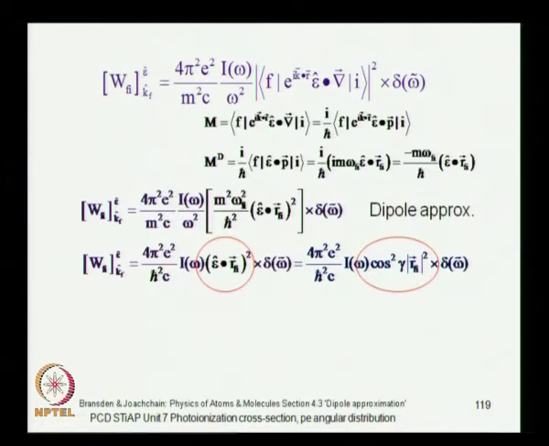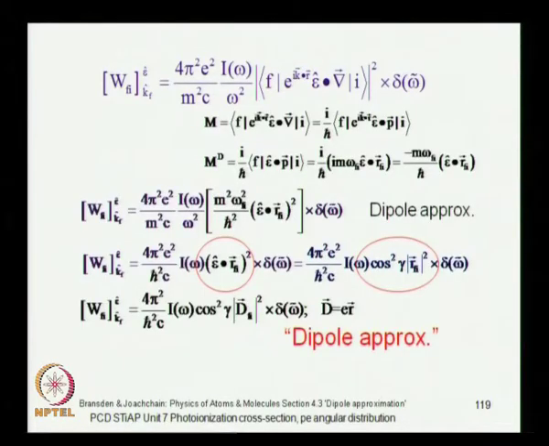Okay, that is the dipole. Do you see that? Because you have got e and r, you can write this in terms of the square of the dipole operator, and this is possible because you approximated e to the i k dot r as equal to unity.